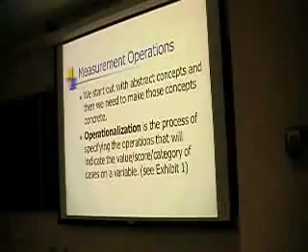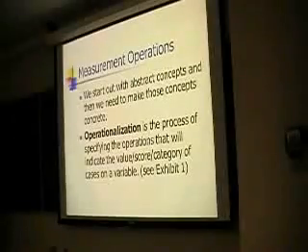And that's what you saw in that exhibit, moving from a concept to a variable and then to the indicators that we would measure.